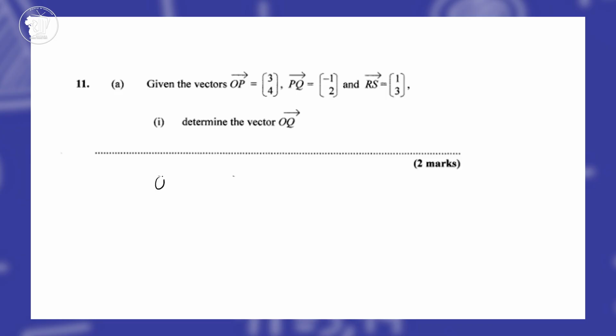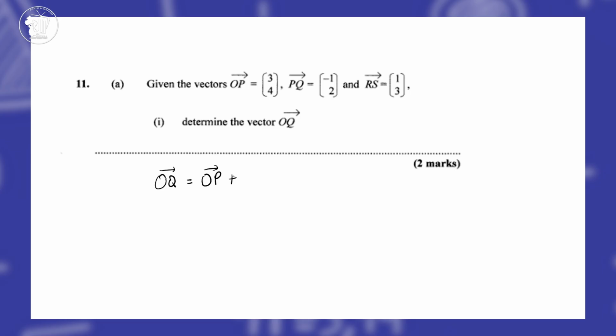So we can rewrite the vector OQ as, we look at a vector that starts with O, so OP. And here's the thing, this will be added to, since we stopped here at P, a vector that starts with P. So it must continue from here.